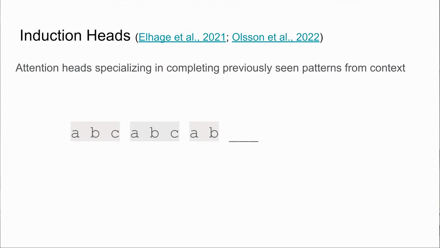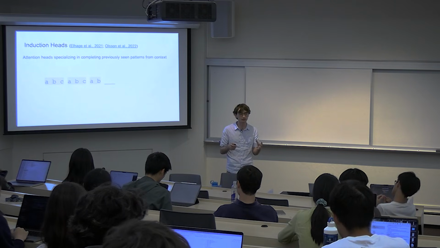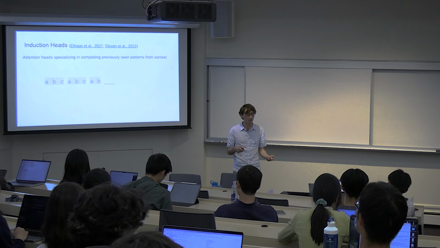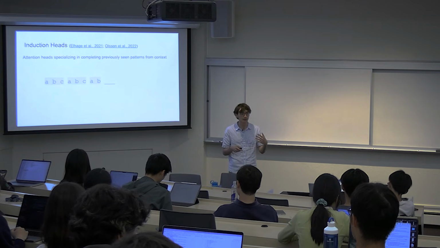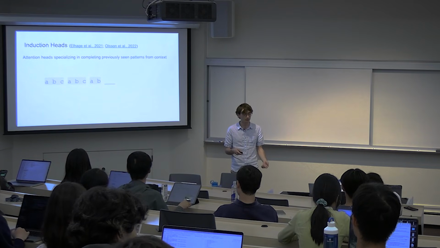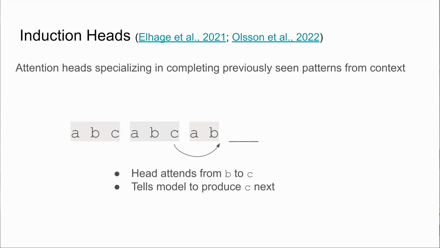Cool. So induction heads. These are attention heads in transformers, in autoregressive models, that are specialized pretty much purely for doing pattern matching and pattern retrieval from context. So if you give the model text like ABC, ABC, AB, blank, the model is going to be able to predict C. One way that it's able to do this is through induction heads, which would attend from the B token to the last C token.